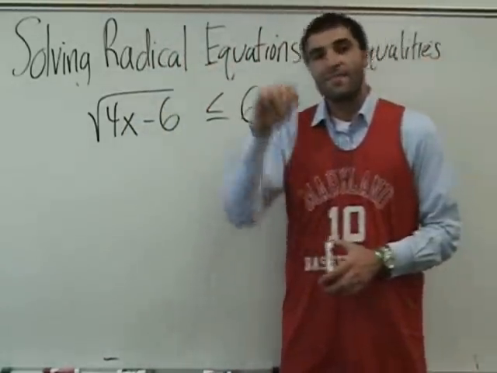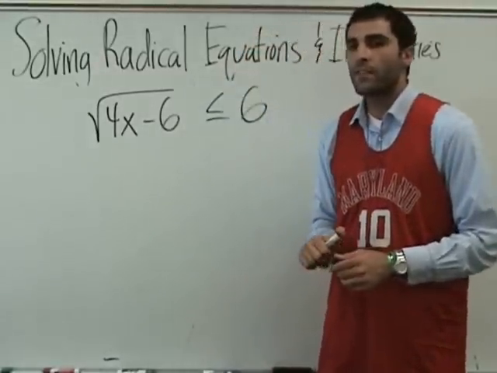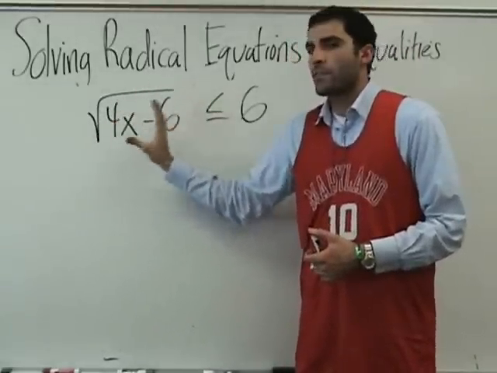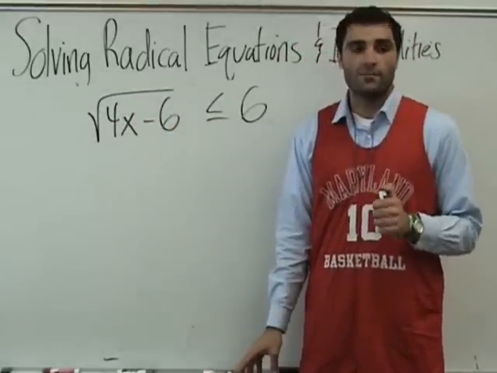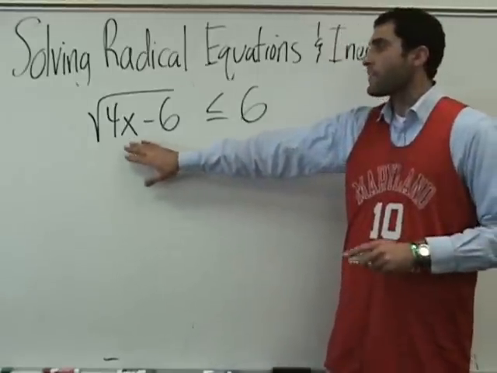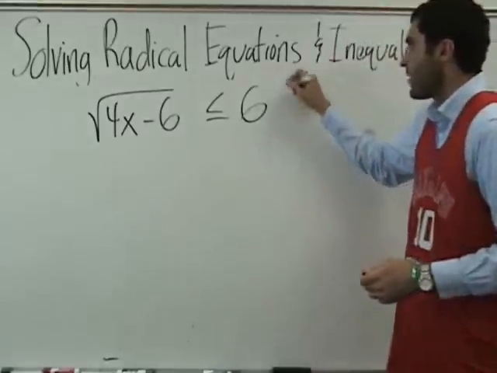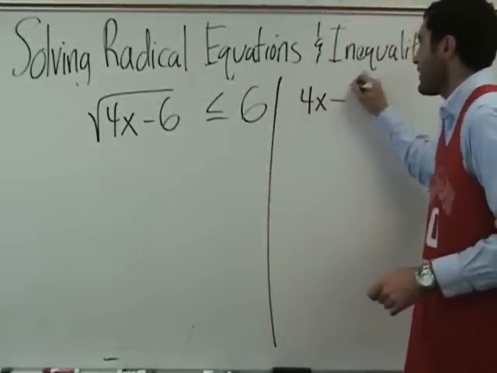All right. Same concept applies, except one major caveat. Can the square root of any number ever be negative? No. So before we do any sort of mathematical things, we need to say 4x minus 6.